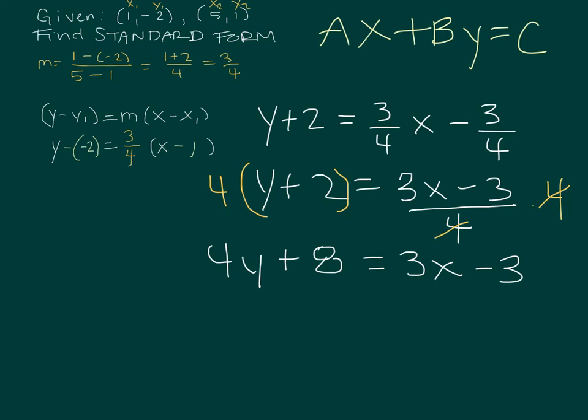Now, I'm still not quite to this form where I've got coefficient then x, coefficient then y, and then c. So why don't I move this x term over here, this constant term over there. So I've got this equation here, negative 3x plus 4y equals negative 11.